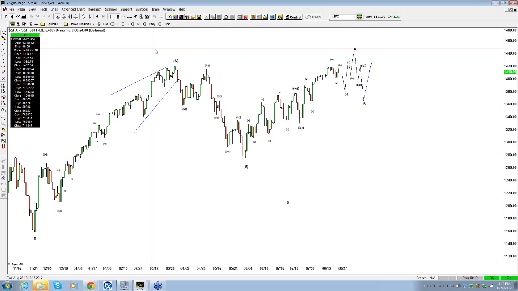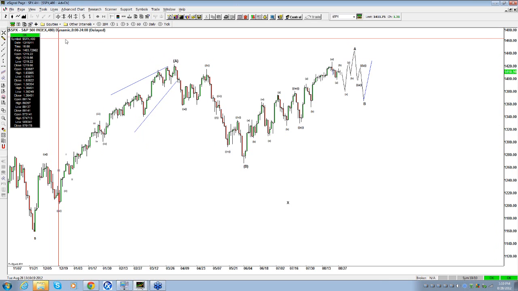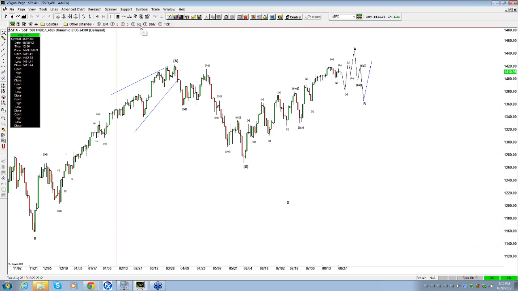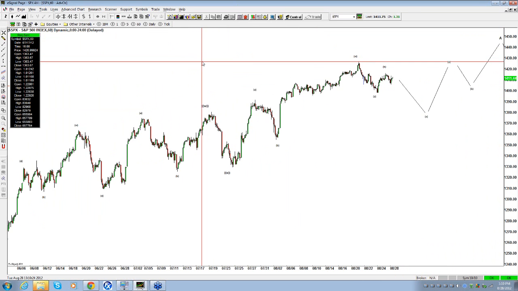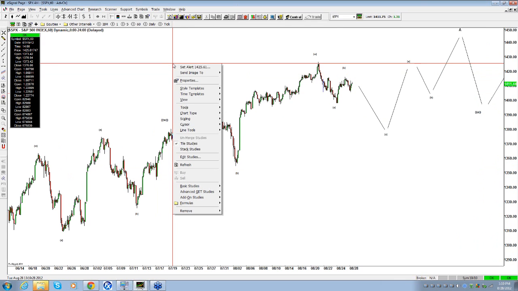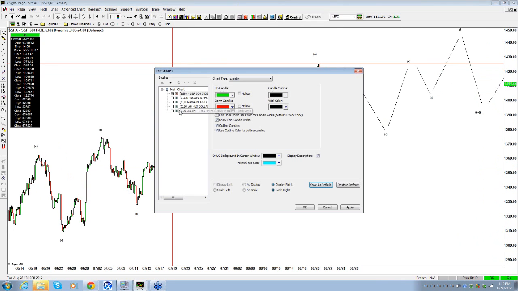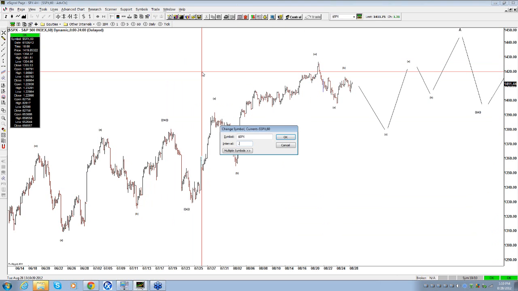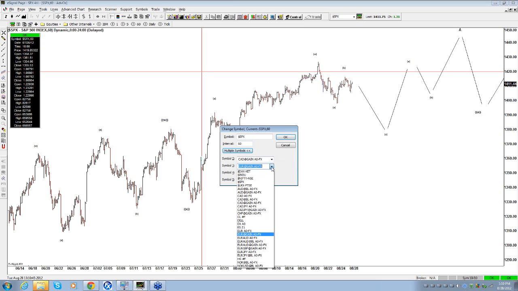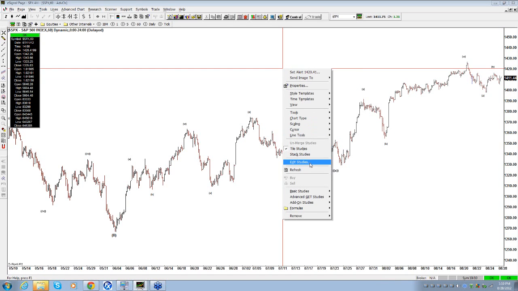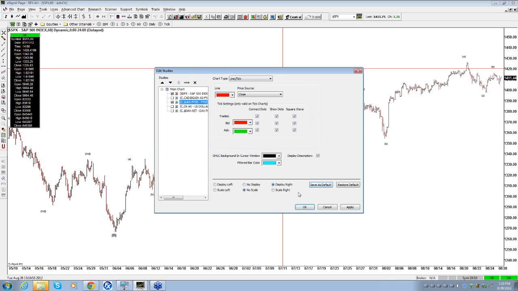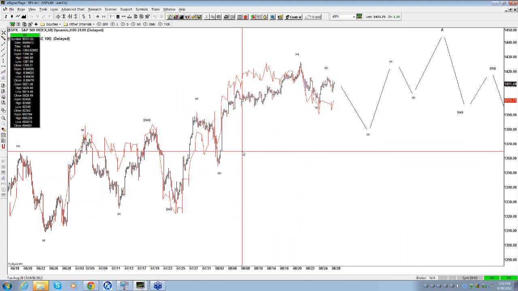So another one that I want to show you guys is, let me do the 60-minute chart on the S&P right here. Look, this is the UK.